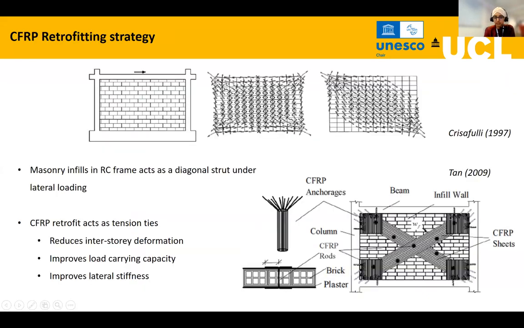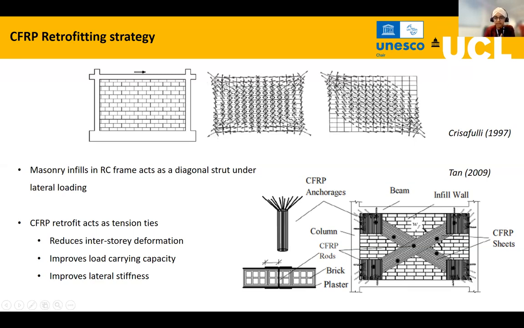So the first approach of CFRP, as we have seen in the previous presentation, is to augment the compression and tensile capacity of the infill panels. As we saw, the masonry infills in RC frames act as a diagonal strut under the lateral load. The added CFRP retrofit is intended to act as the tension ties.